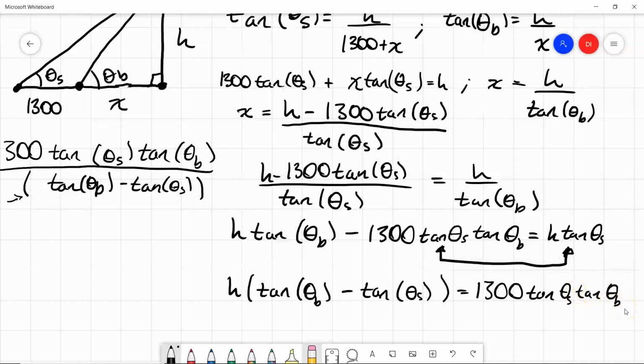And as you can see, when I divide both sides by tan theta b minus tan theta s, we get exactly what I had written before. And there it is. Cool.